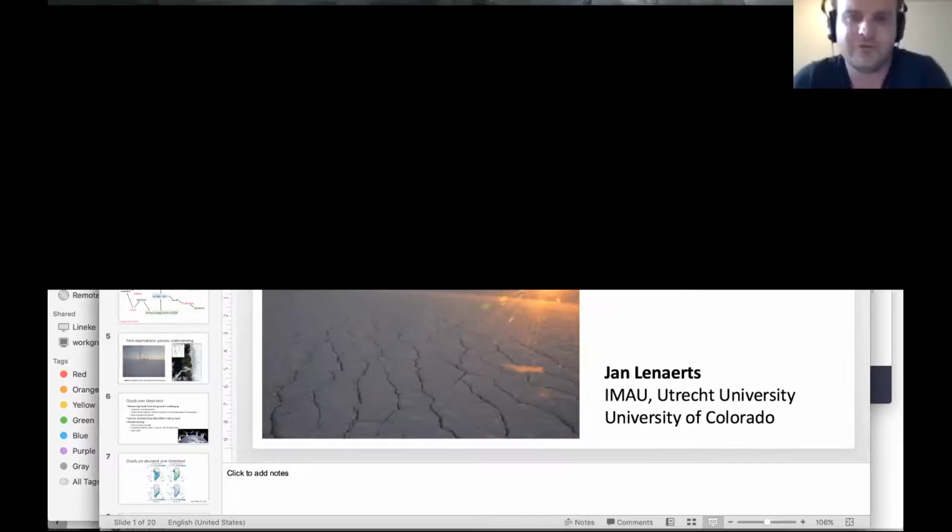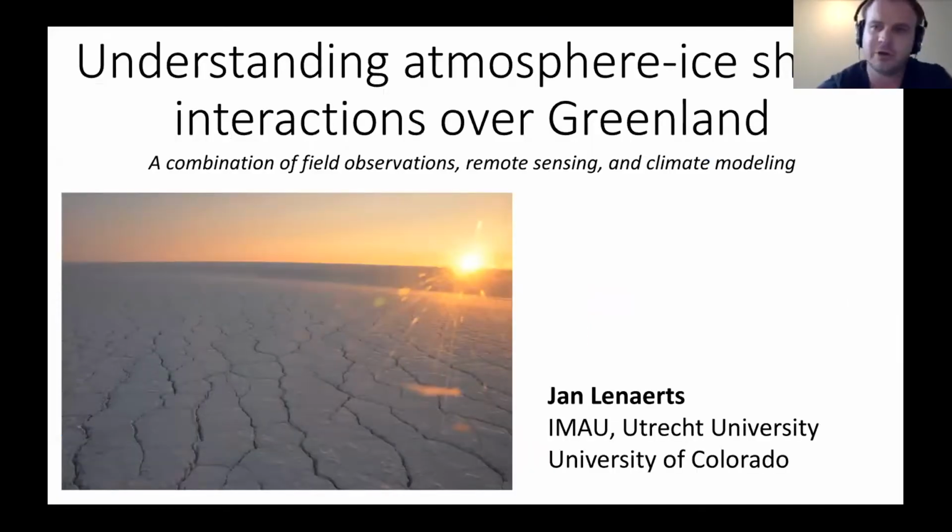Okay, so I'll be talking today a bit on our work we're doing on understanding the interactions between atmosphere and the ice sheet surface over the ice sheets, but in particular over Greenland.